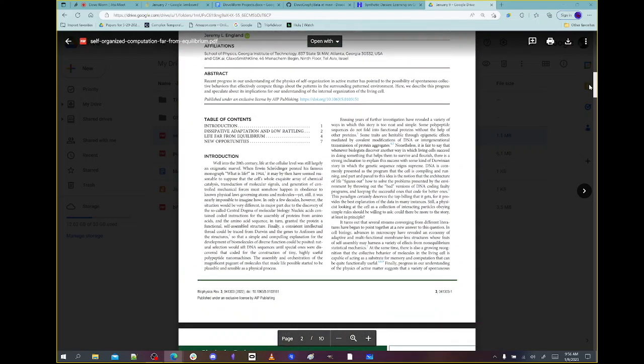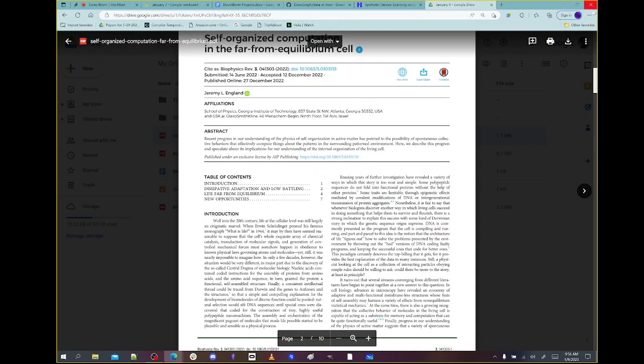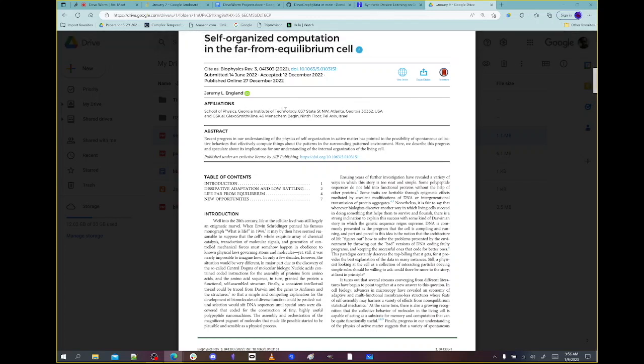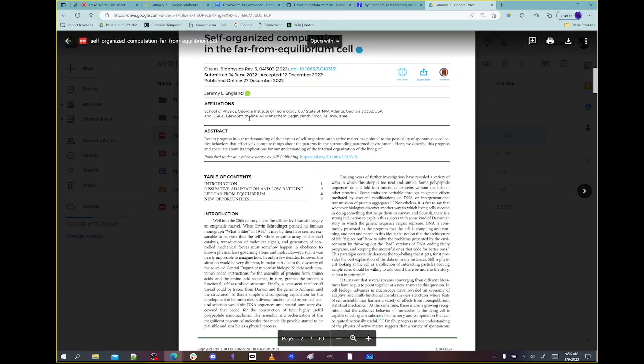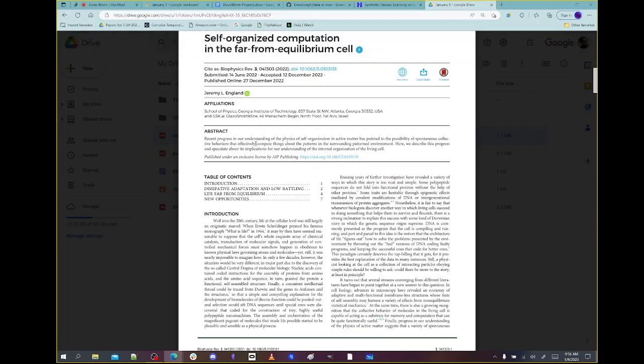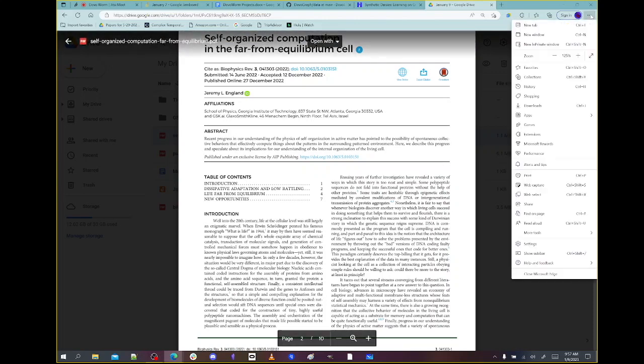So the abstract is very short, but actually he's at Georgia Tech. I'm sorry, he's at Georgia Tech now, and he has an affiliation in Israel as well. The abstract says: recent progress in our understanding of the physics of self-organization in active matter has pointed to the possibility of spontaneous collective behaviors that effectively compute things about the patterns in the surrounding environment.